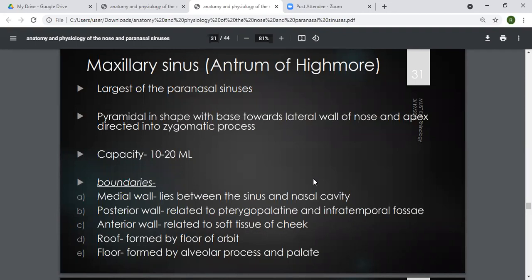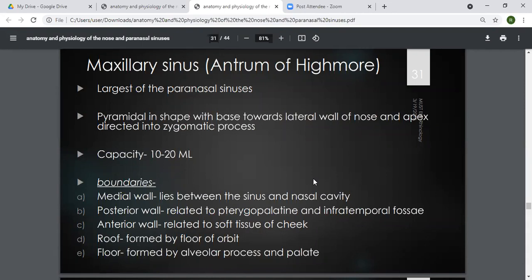So when we focus on the maxillary sinus, which at times is also referred to as the antrum of Highmore, this is the largest of the paranasal sinuses. It's pyramidal in shape with its base towards the lateral wall of the nose, and the apex is directed into the zygomatic process.